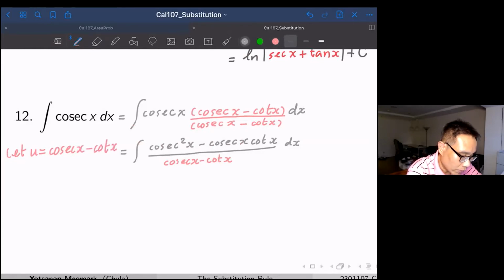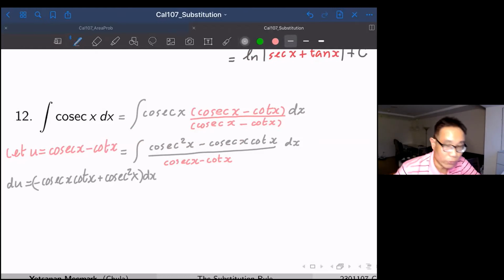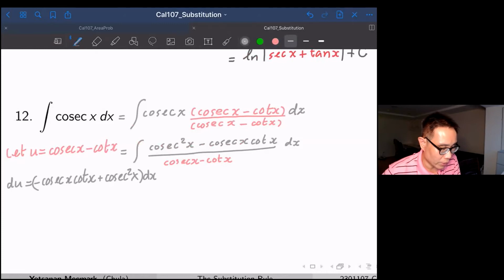So you compute du. You differentiate cosec, you get negative cosec x cot x. You differentiate cot, it's going to be negative cosec square x, so negative negative becomes positive, dx.